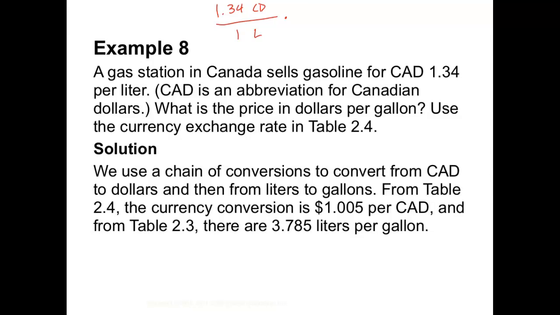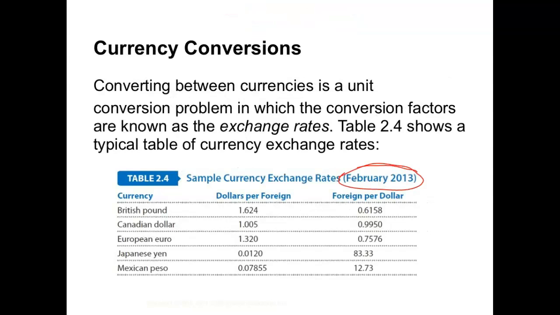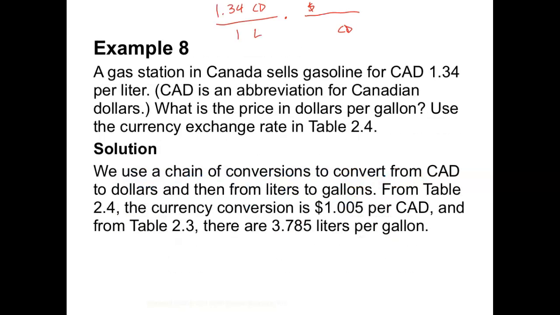So I need to multiply by a conversion factor that has Canadian dollars in the denominator and American dollars in the numerator. So I'm going to go back to that table. This is dollars per foreign. So this would be American dollars per 1 Canadian dollar, right? So it's 1.005 American dollars per 1 Canadian dollar, which is the conversion that I want.